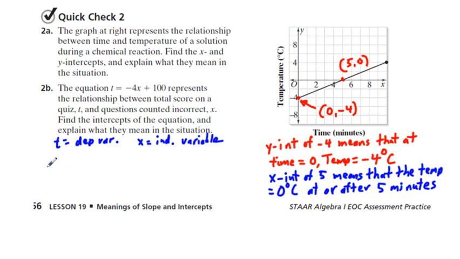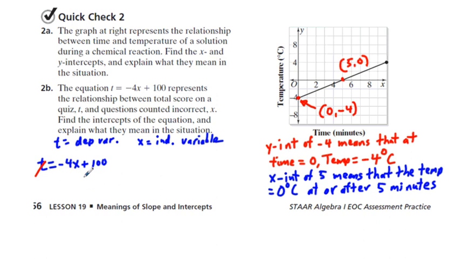If we have t equals -4x plus 100, we cross out this t and solve this equation.